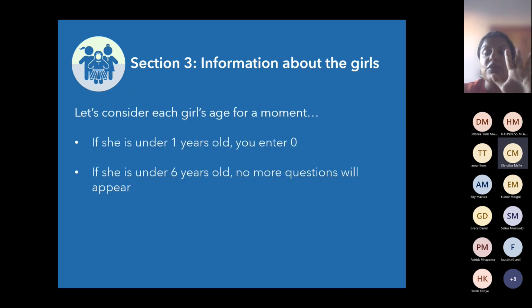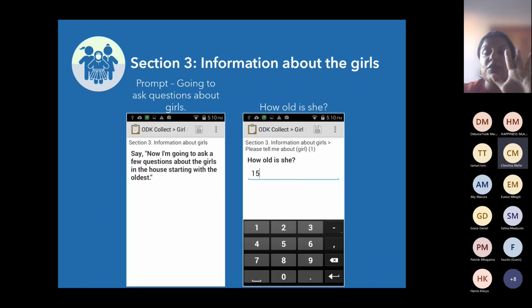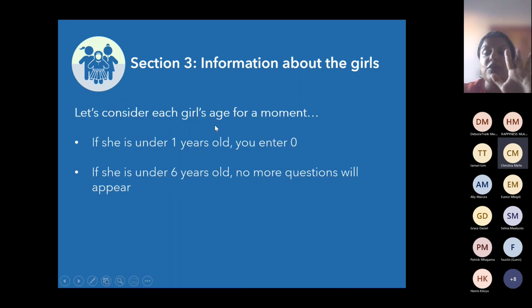Okay. Here's something important. If she's under 1 years old, so she is 6 months, 5 months, whatever, you enter the number 0. This question of how old is she will only take a whole digit. It won't allow you to type in 6 months, 3 months, whatever. So if she is under 1 years old, you enter 0.